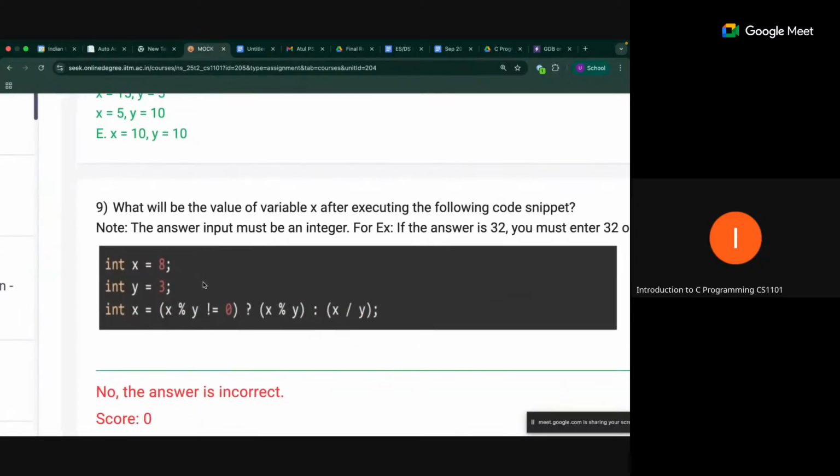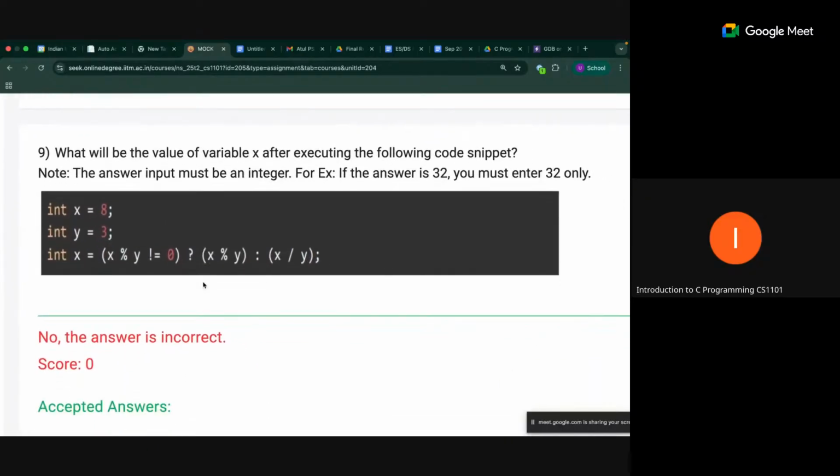Okay. What will be the value of the variable x after executing the following code snippet? X value is 8, y value is 3. So what will be the answer, people? It's 2.